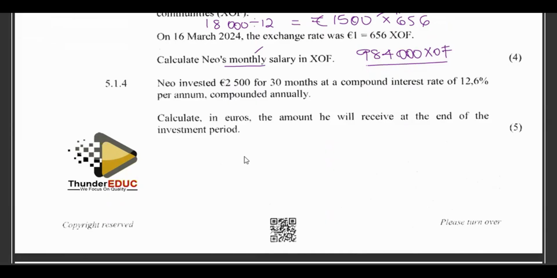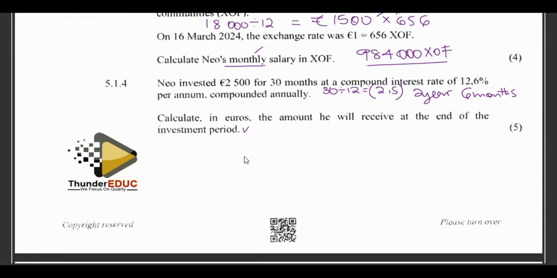Now, when you hear this, we're going to split this calculation into two. Because it is 30 months, change it into years. 30 months divided by 12 gives 2.5, which simply means 2 full years and 6 months, half of a year. So we shall calculate for 2 years.